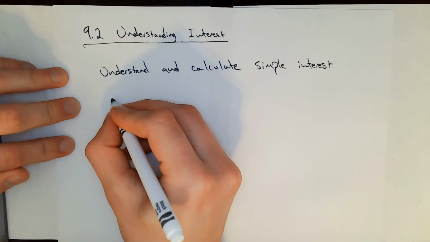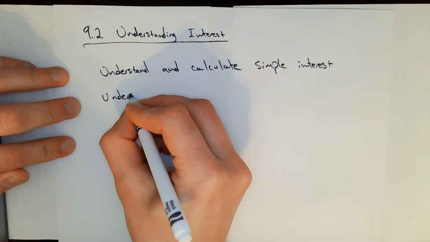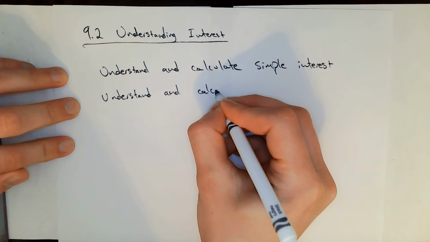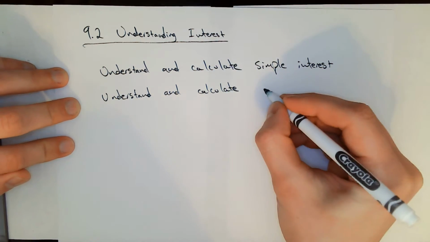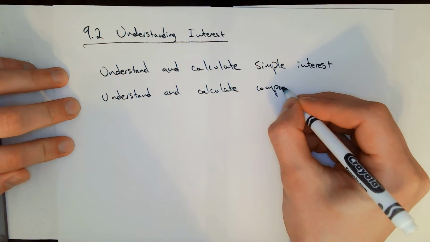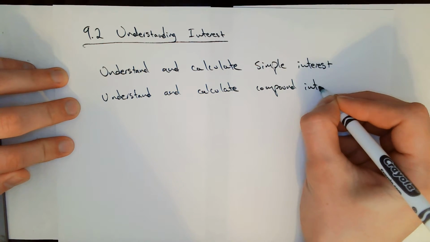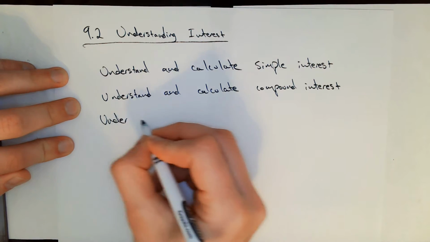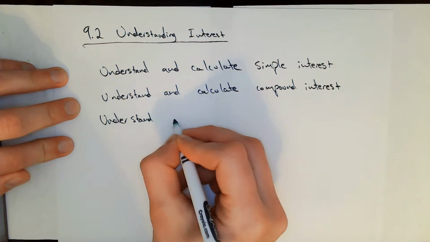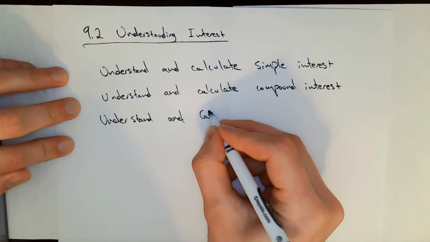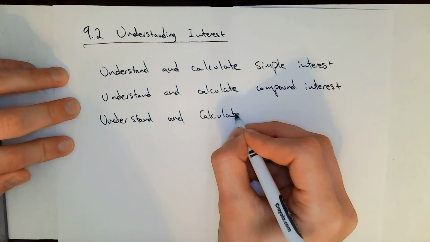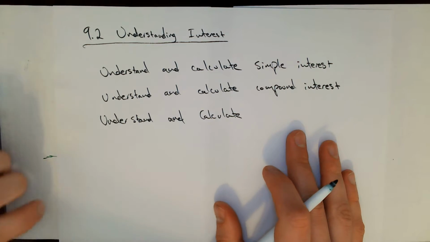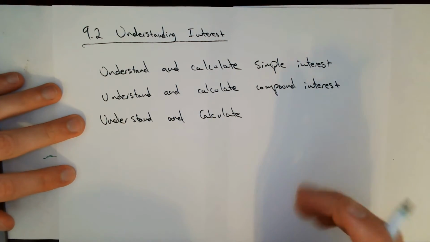We're going to want to understand and calculate compound interest. These are the goals for this section. This is a long section, that's why I want to lay out the goals, to keep us on track. Since it's such a long section, I'd like for us to have a roadmap.